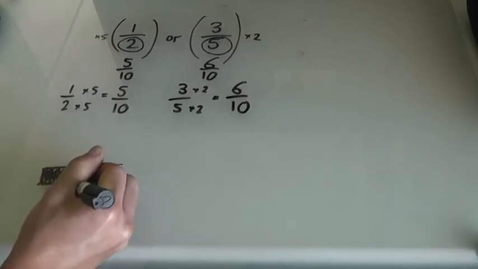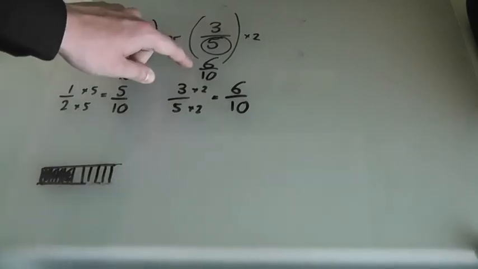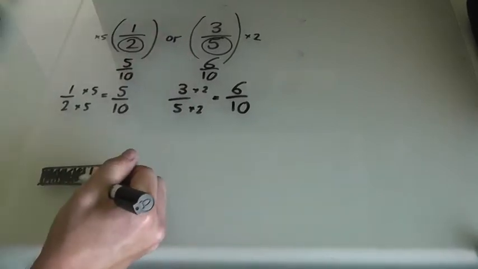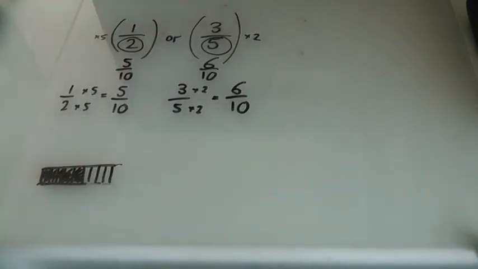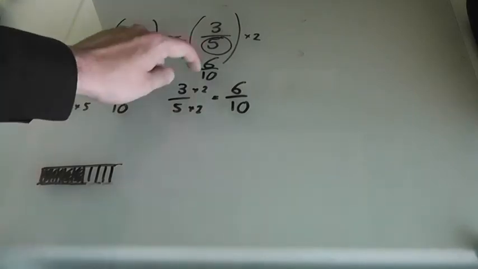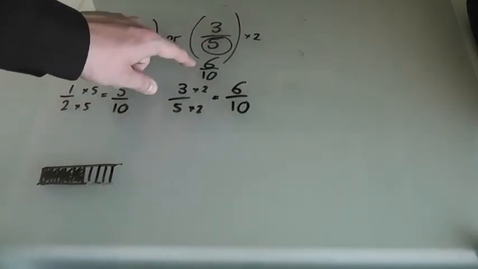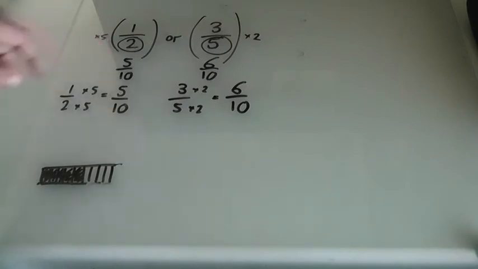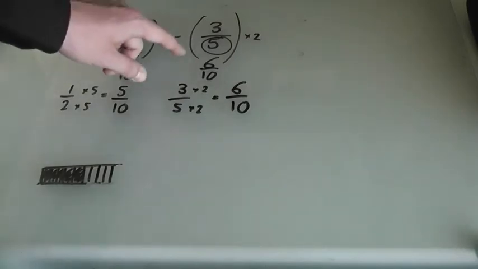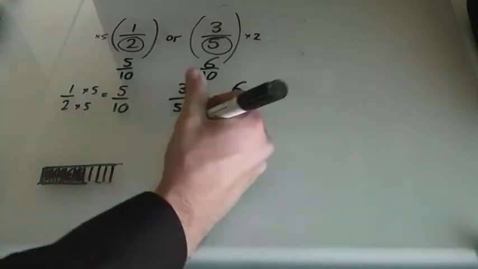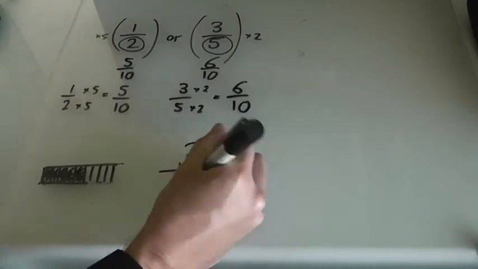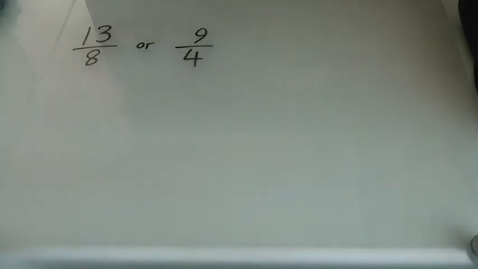I'm eating 5 of these. This one, I'm eating 6 of them. So which one is bigger? Which one am I eating more of? This one. Fantastic, because look, the numerator is bigger on this one than it is on this one. So the biggest number would be 3/5.